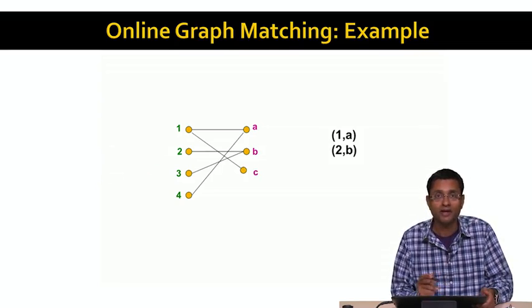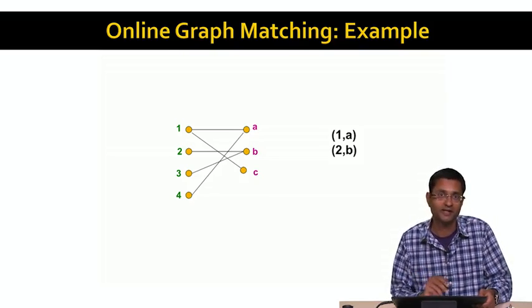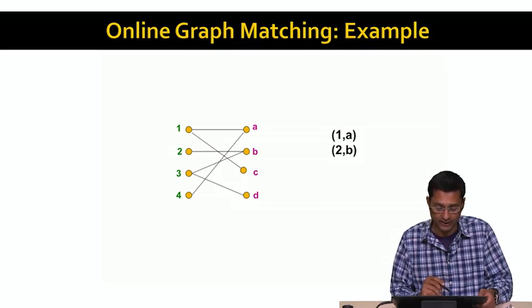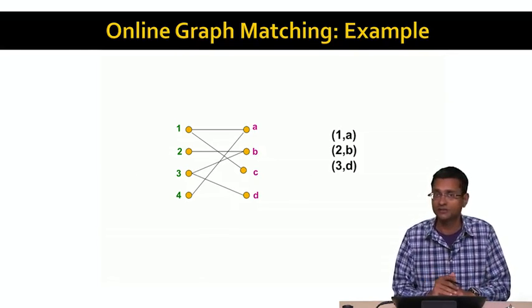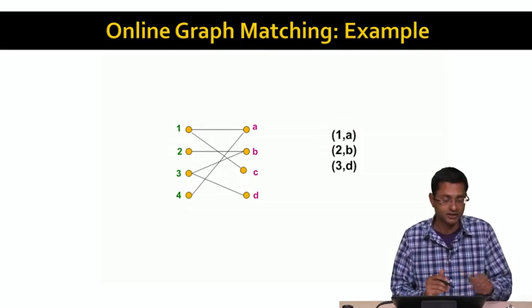Now we cannot pair C with 1 because 1 is already paired with A, so our hand is forced and we don't output anything in this round. And then D comes in, and there's only one edge, 3D, and so we can output that edge because in this case we decide to pair 3 and D. Right, so this is an example of the online graph matching scenario.